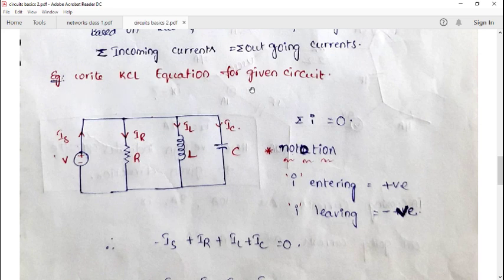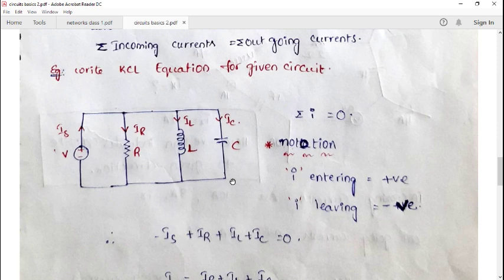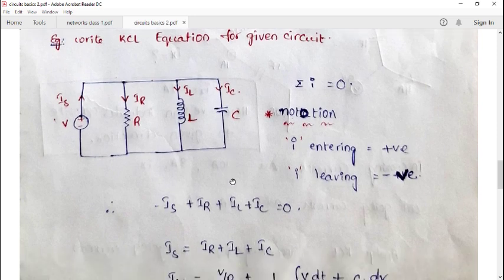So we can understand what is incoming current and what is outgoing current with this. Write down the KCL equation for this given RLC circuit. There is a voltage source, R, L and C. IS is incoming current for this node. We follow the notation that when current is entering, we take it as positive.